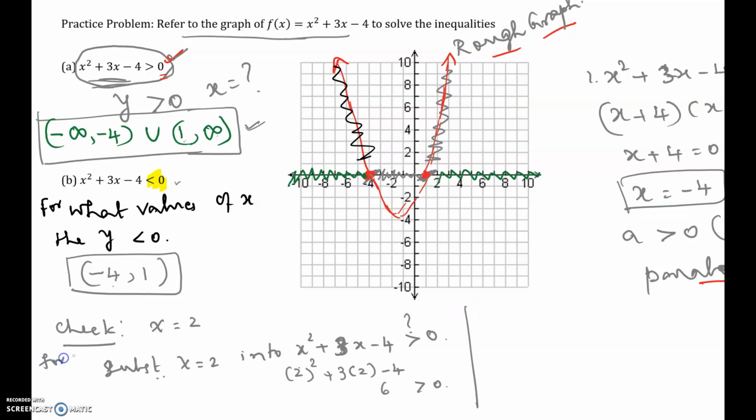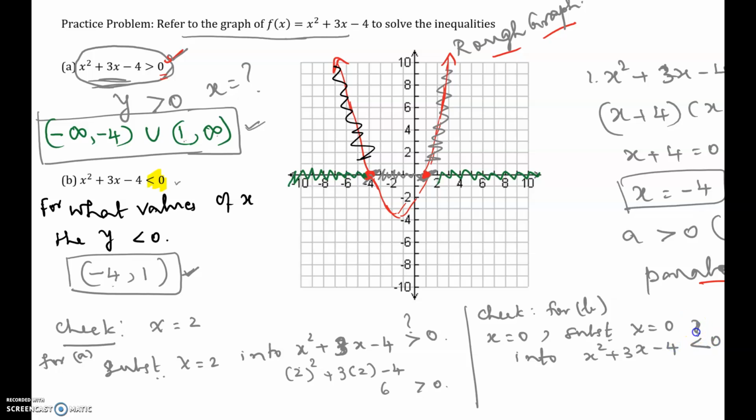This is the check for part A. Same way we do the check for part B. Here, if you choose a number between negative 4 and 1, we can choose x equal to 0 and substitute it into x squared plus 3x minus 4 and see whether it is less than 0. It is 0 squared plus 3 times 0 minus 4, clearly less than 0.